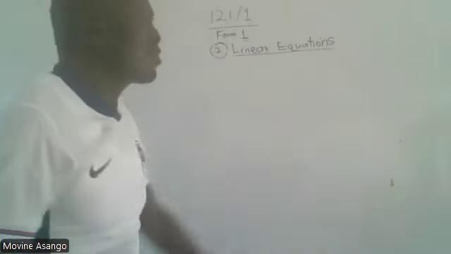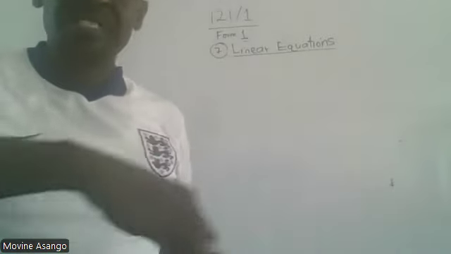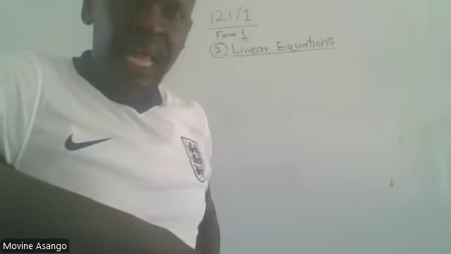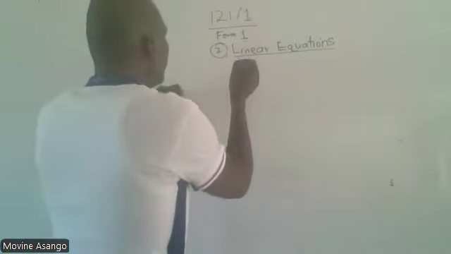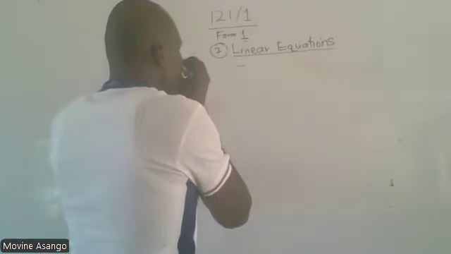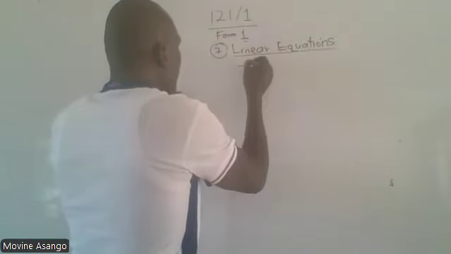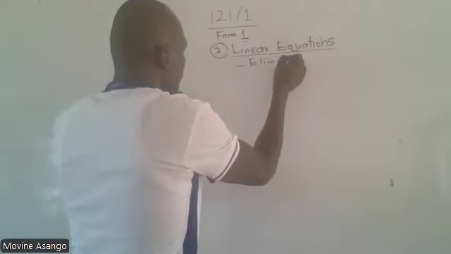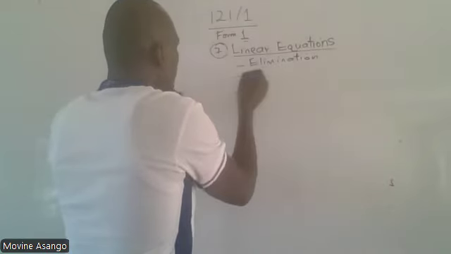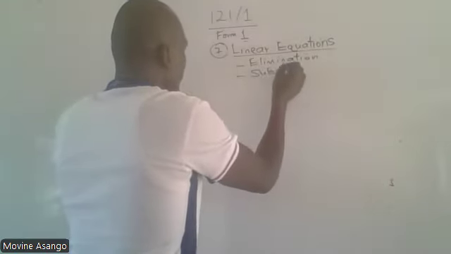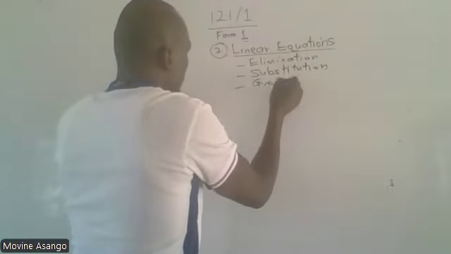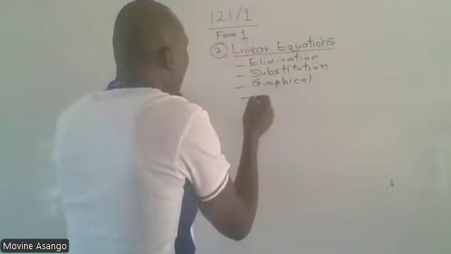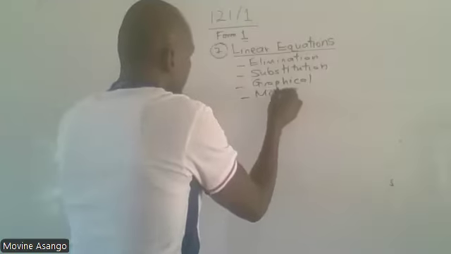Those are cases where you are forming a linear equation in one unknown and solving it. In two unknowns, we are referring to simultaneous equations. And for preparation of KCSE, we are talking about methods such as elimination, substitution, graphical, and matrix.